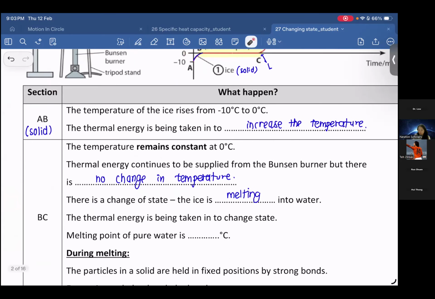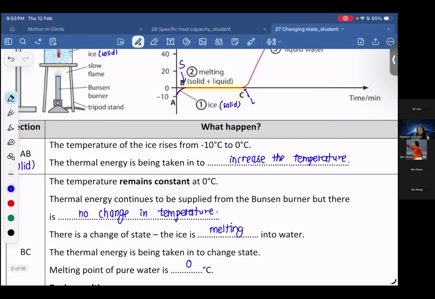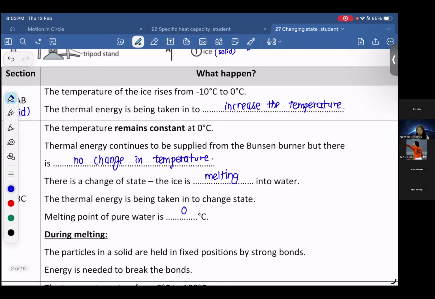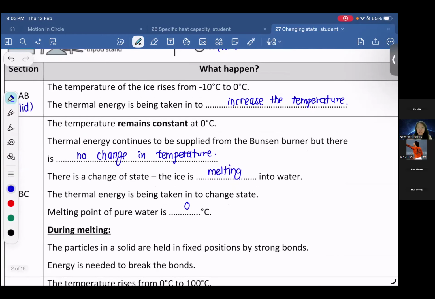Melting point is the temperature at which a solid converts to liquid. So the melting point here is 0 degrees Celsius. From the graph, we know that 0 degrees Celsius is the melting point. Melting point is not a point, it's a temperature for the solid to convert to liquid.